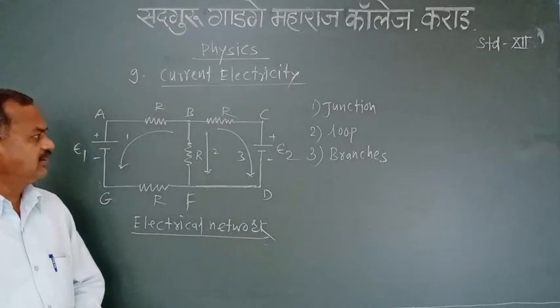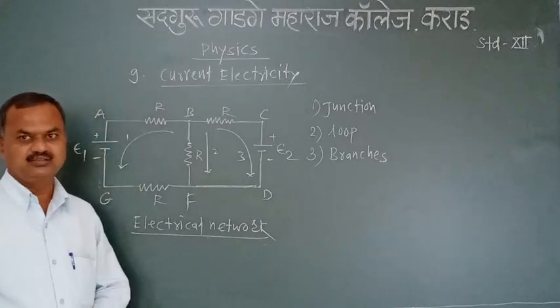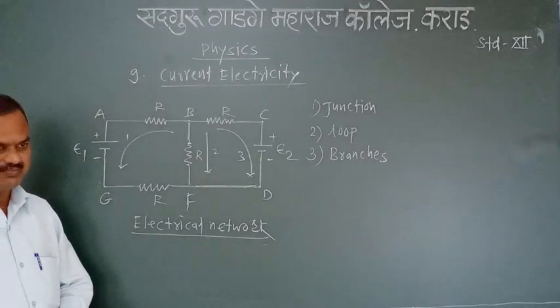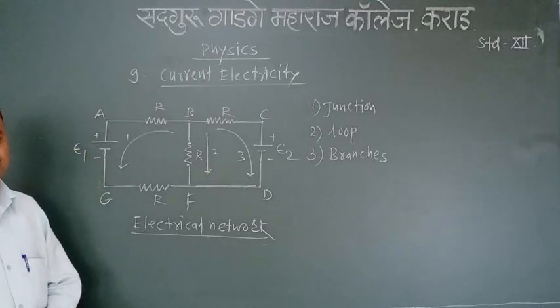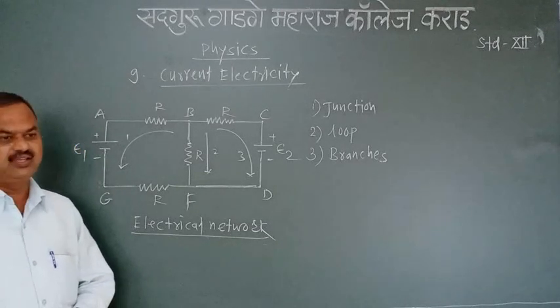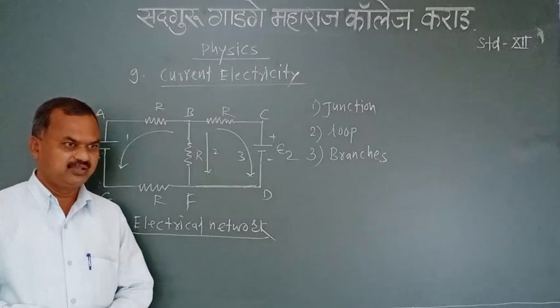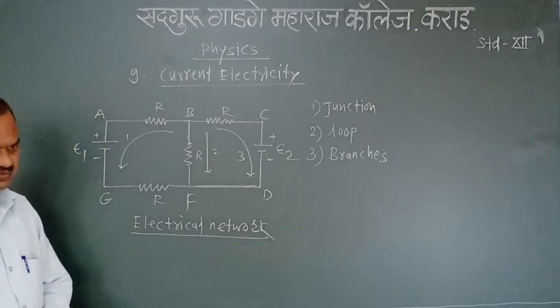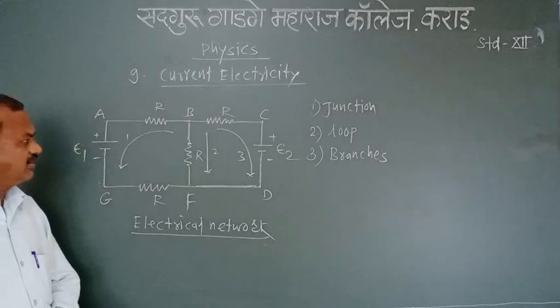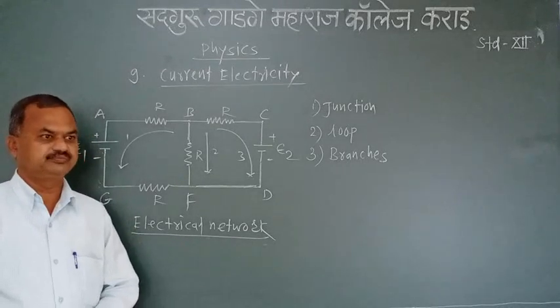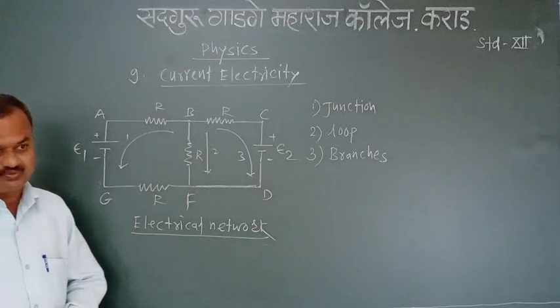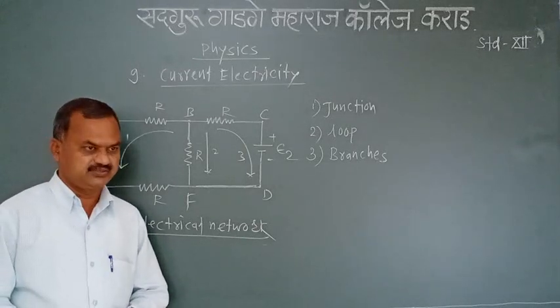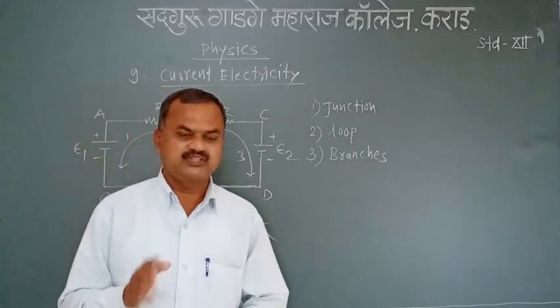For example, a number of resistances and sources of EMF connected together in a complicated manner. Such an electrical circuit is called an electrical network. Ohm's law is not enough for such a complicated circuit for determination of electric current flowing through any branch of such a circuit.